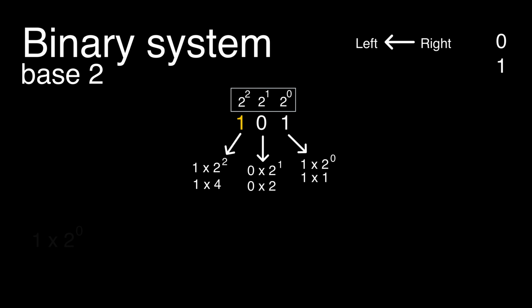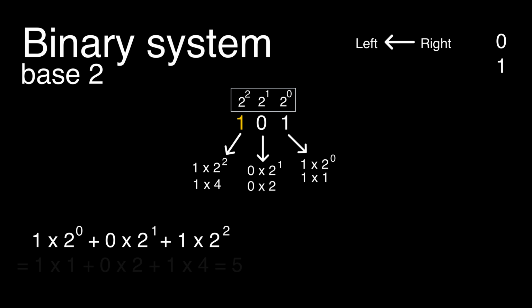Overall, the addition would be 1 multiplied by 2 to the power of 0 plus 0 multiplied by 2 to the power of 1 plus 1 multiplied by 2 to the power of 2, which is 1 multiplied by 1 plus 0 multiplied by 2 plus 1 multiplied by 4, which gives us 1 plus 0 plus 4, which is 5. So the binary number 101 is the representation of the number 5.